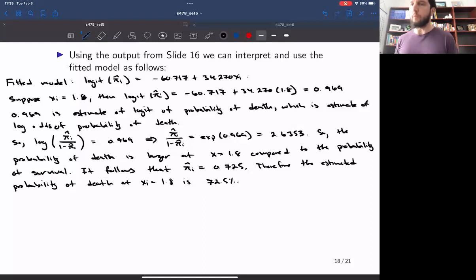Okay. So we can get a pretty nice interpretation of the result based off of this particular model.